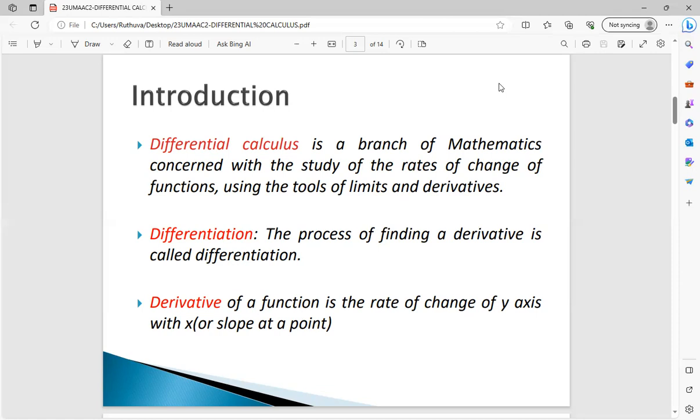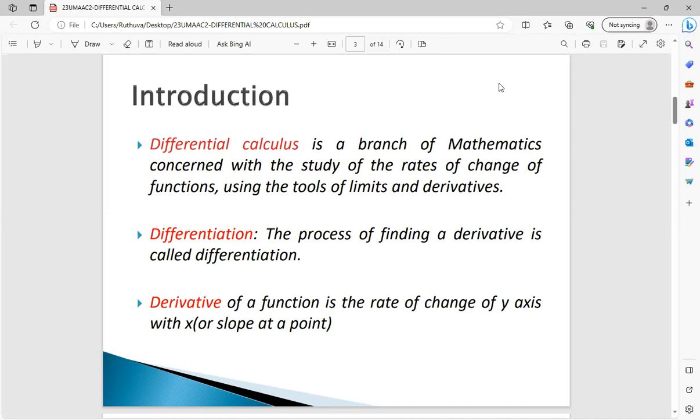Suppose we substitute x equal to 2, then 2 squared equals 4, so the y value is 4. So y depends on the value of x. That is why we call x the independent variable and y the dependent variable.